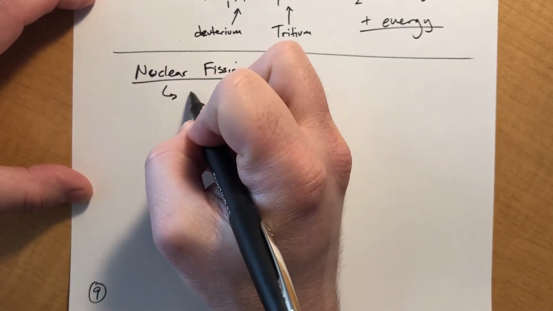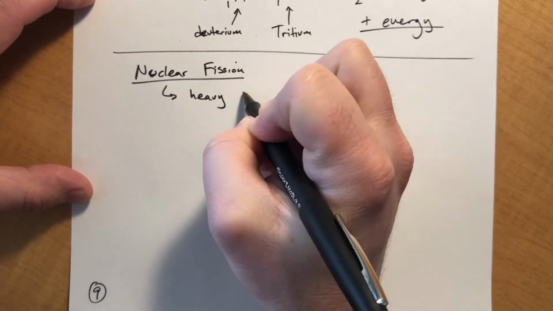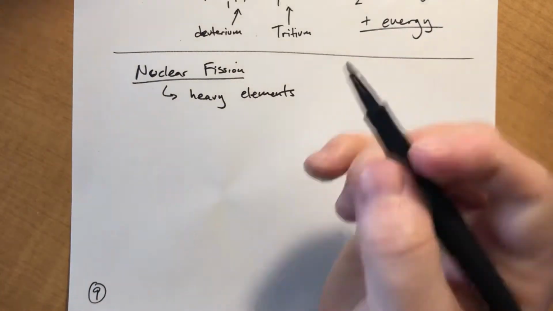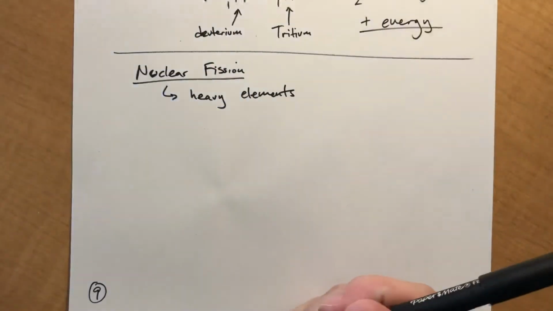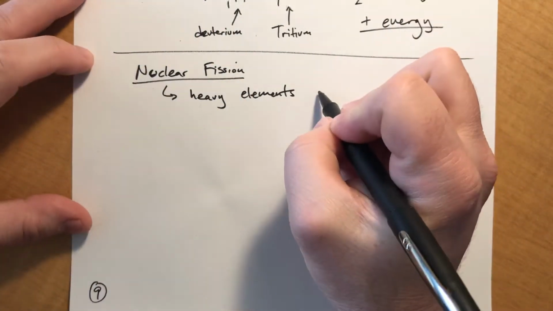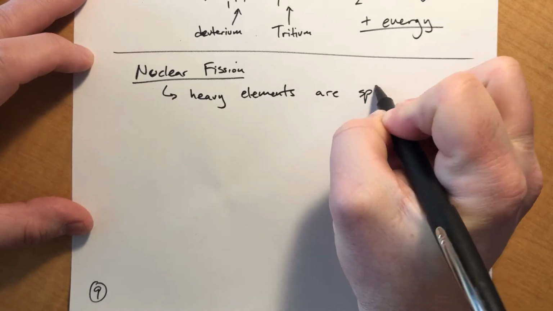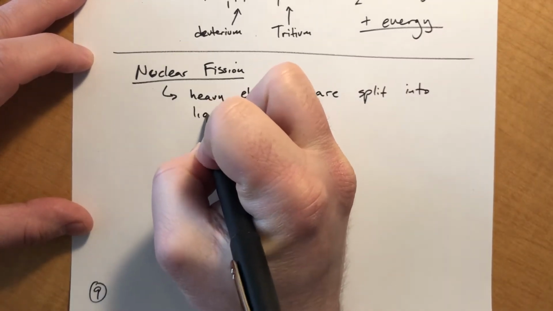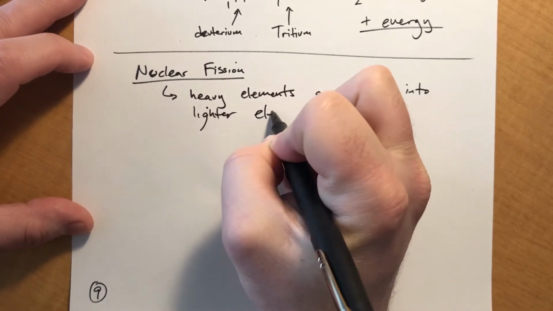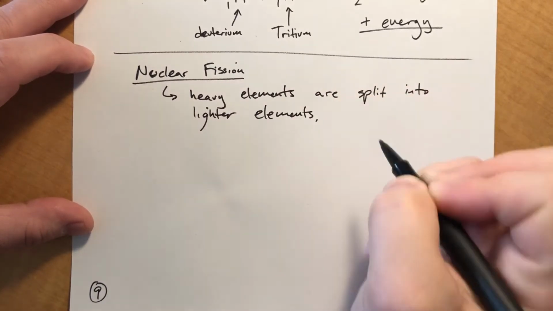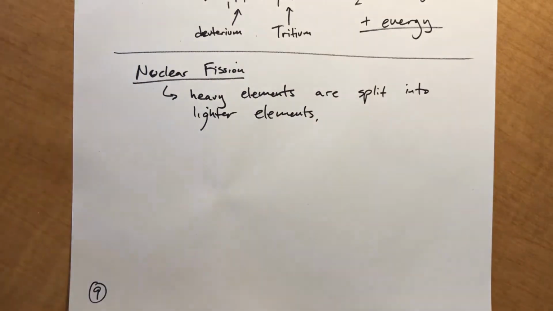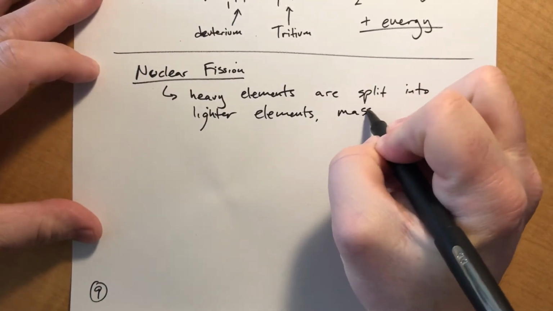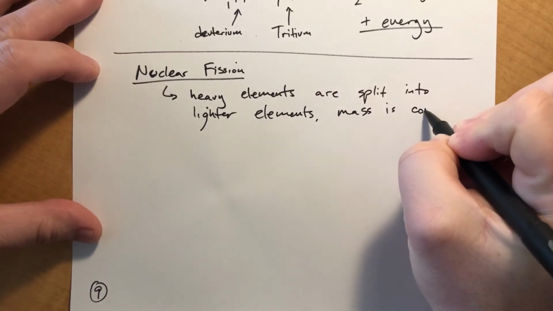It's when heavy elements, usually things like uranium or things on the bottom of the periodic table, things that are really heavy, are split into lighter elements, and any mass conversion in there gets converted to energy also. So either way, mass is converted to energy.